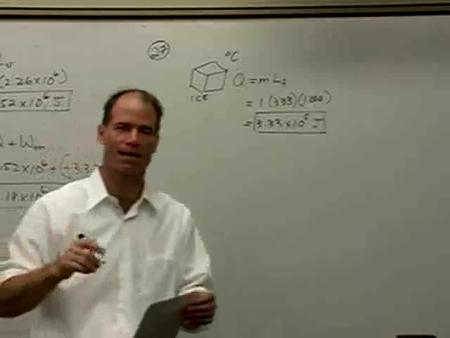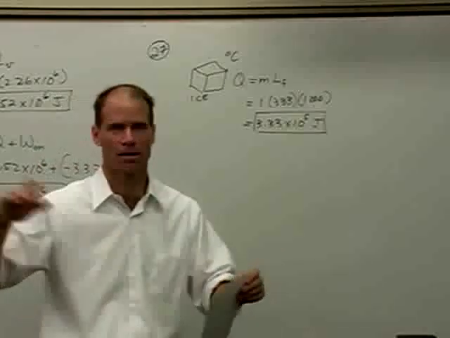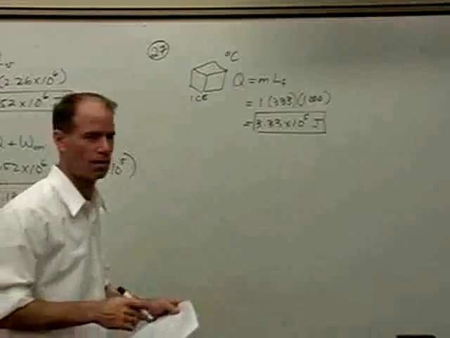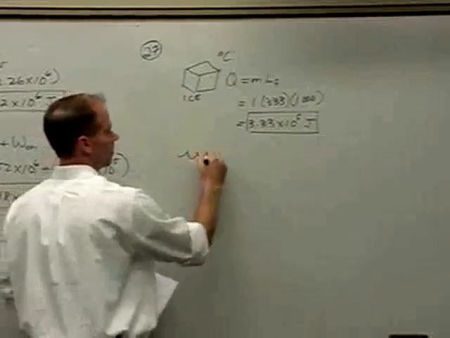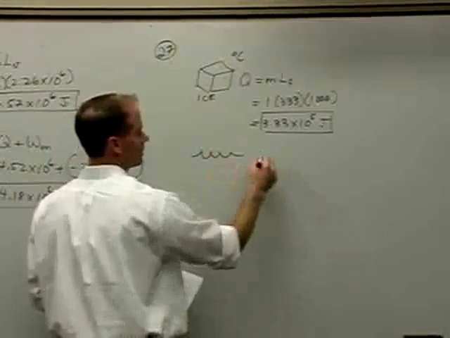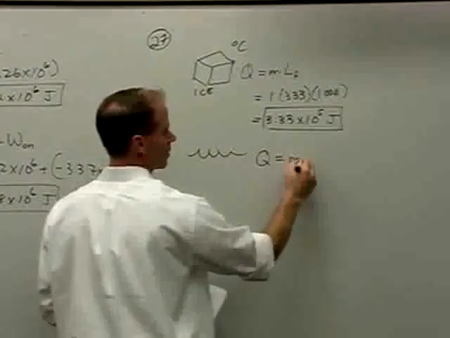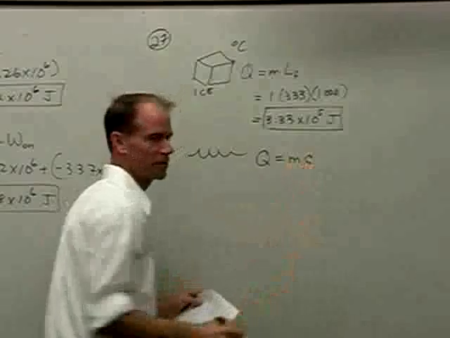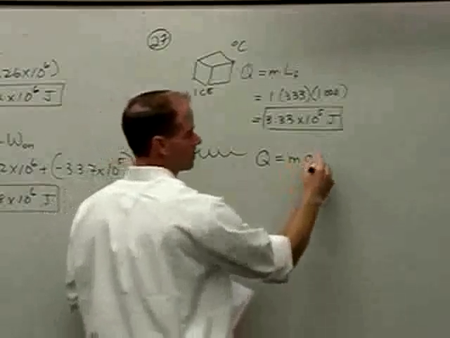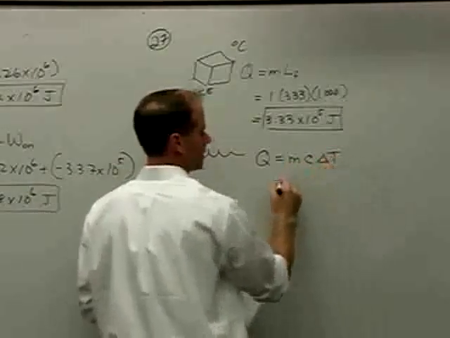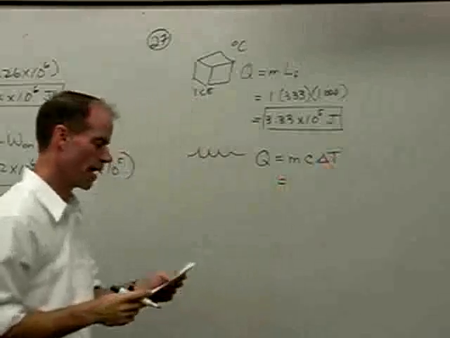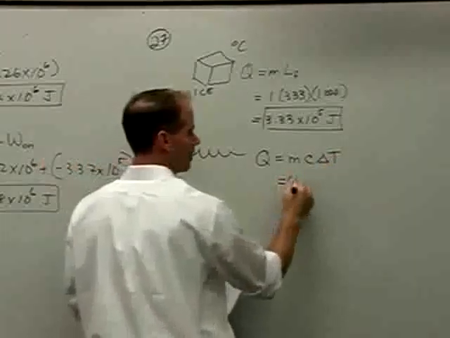Now we have to heat that 0 degrees centigrade water up to 100 degrees centigrade water. So the heat required to do that will be the mass of the water times the specific heat of water times the change in temperature. We're going to have 1 kilogram.